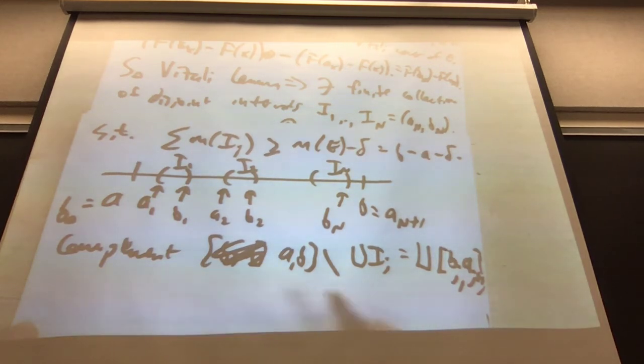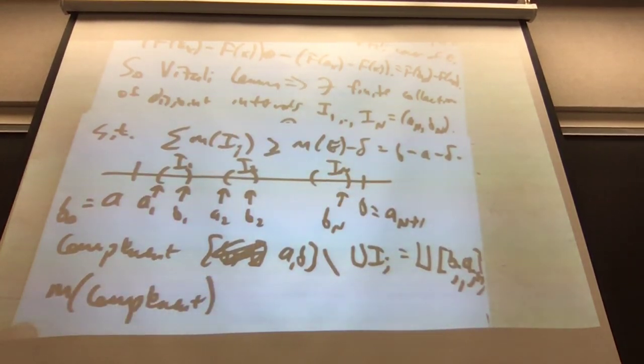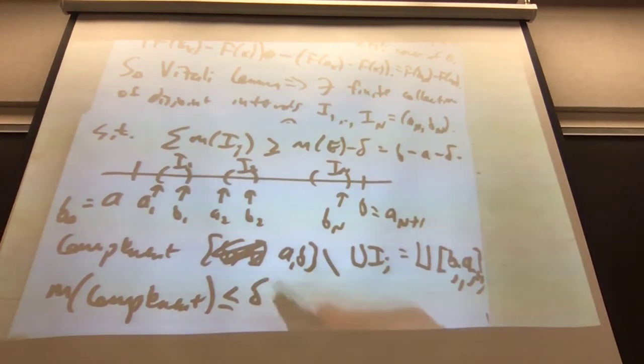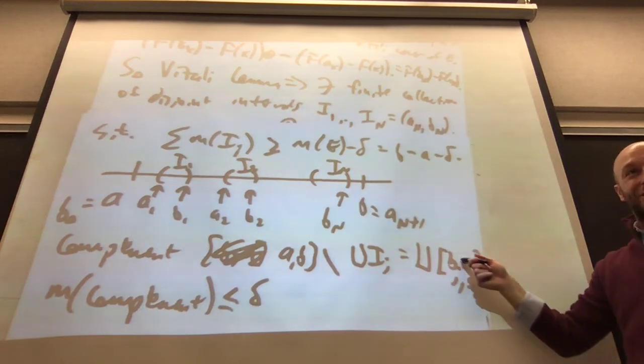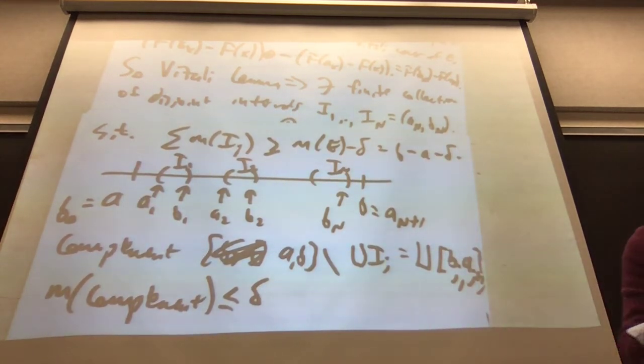The measure of this complement is at most delta. And it's a bunch of intervals. f is absolutely continuous. Epsilon and delta were chosen.